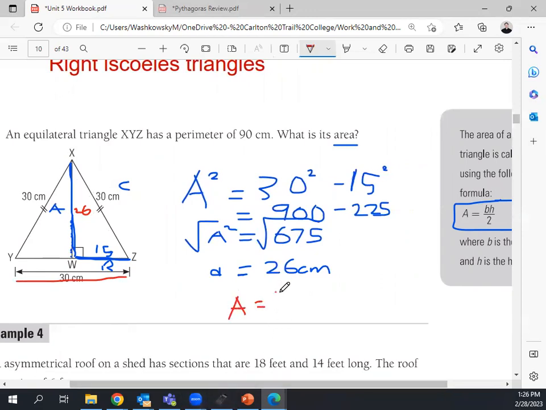So base 30 times 26, divided all by 2, you're going to get your area. What's my area of this thing? Yeah, so 390 centimeters squared. Cool. All right, good work.